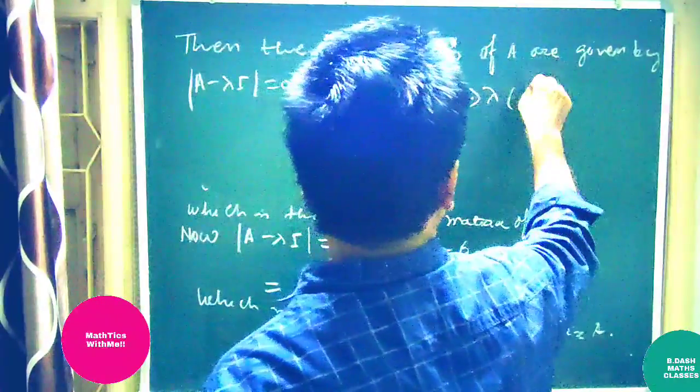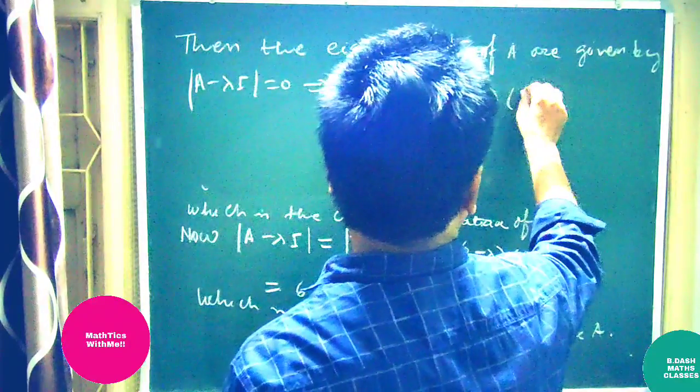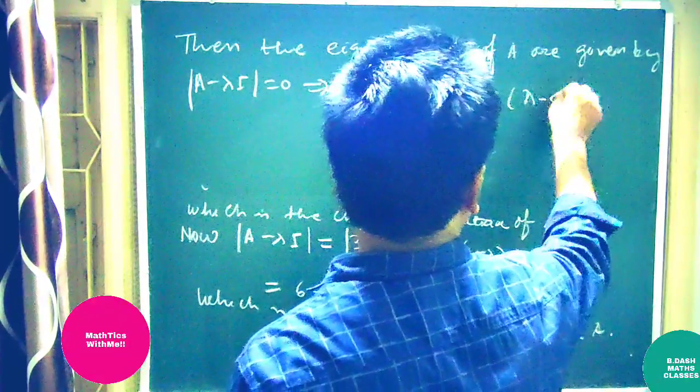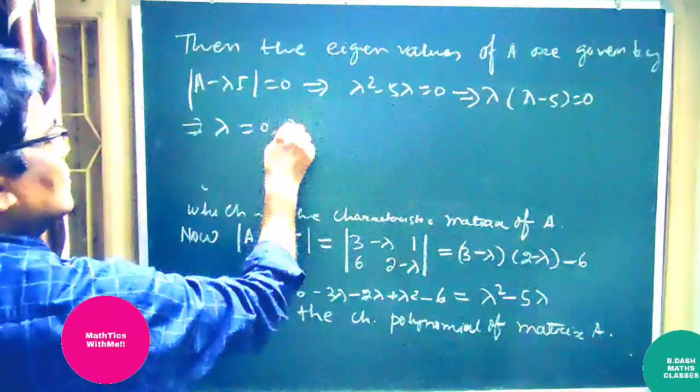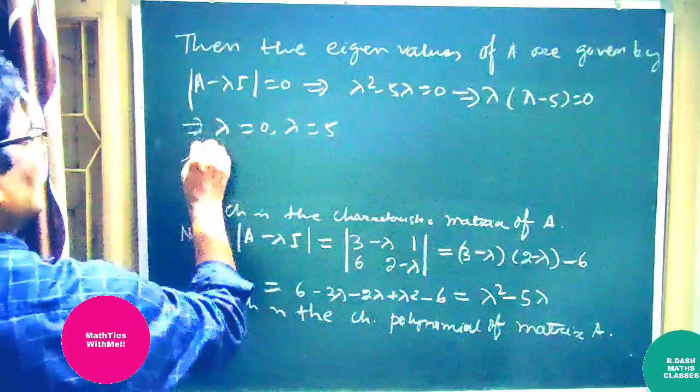This gives us lambda into lambda minus 5 equals 0. So this gives us lambda equal to 0 and lambda equal to 5.